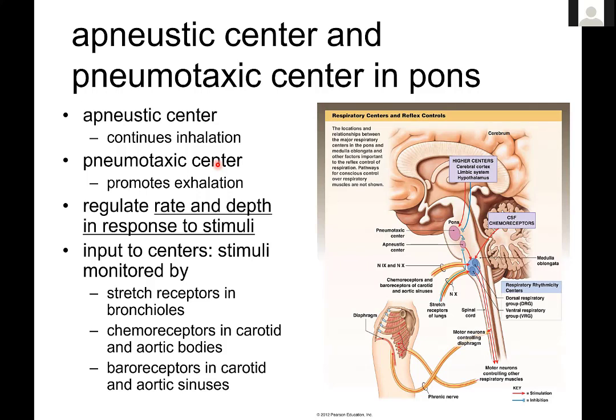Interestingly, there's another phenomenon based on this that is medically relevant, and that is something called Kussmaul respiration. This is a consequence of untreated diabetes mellitus.